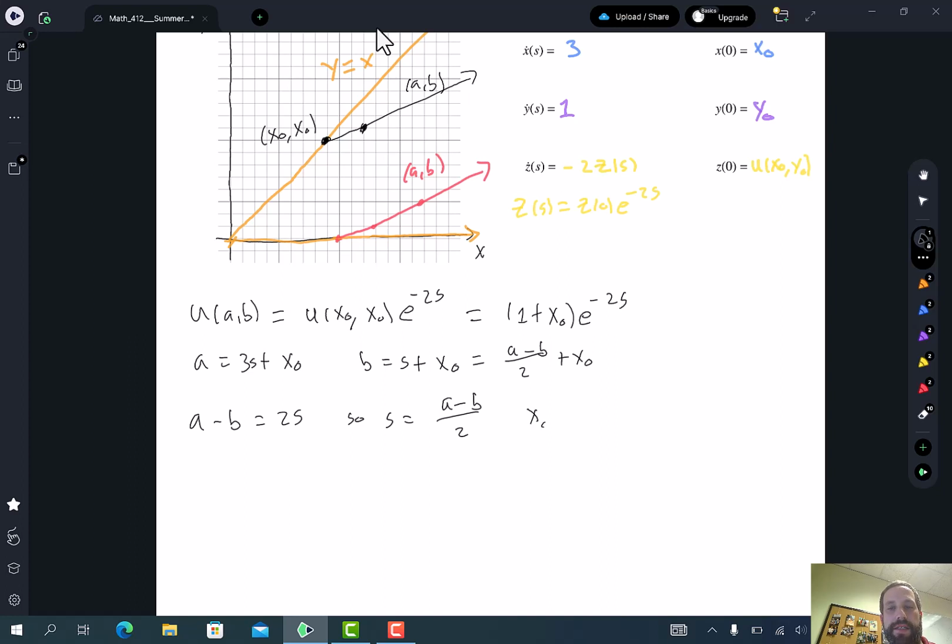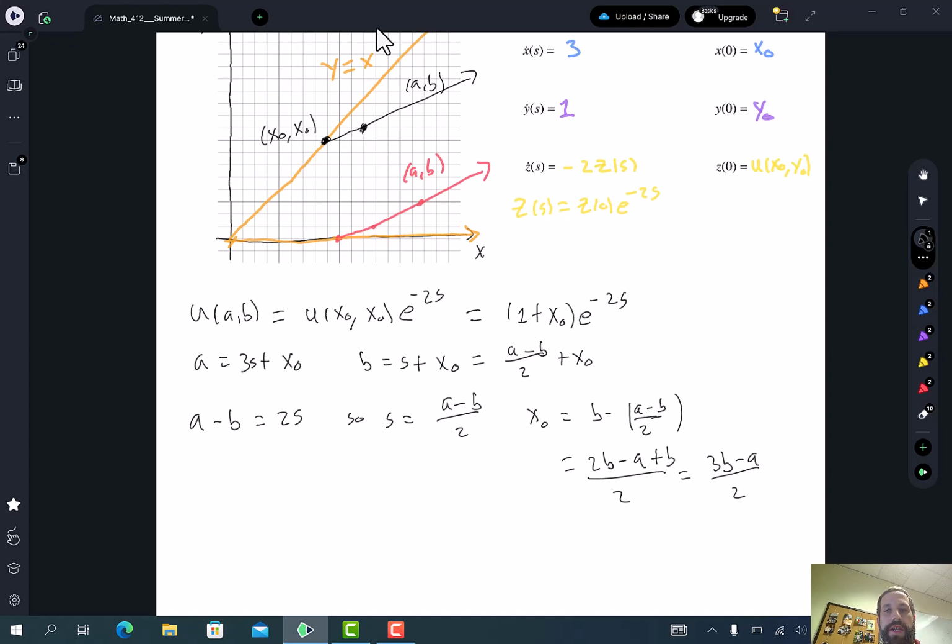This tells me x naught is equal to b minus (a minus b) over 2. Okay, so if I get a common denominator, this is 2b minus (a minus b) over 2, which is equal to (3b minus a) over 2.